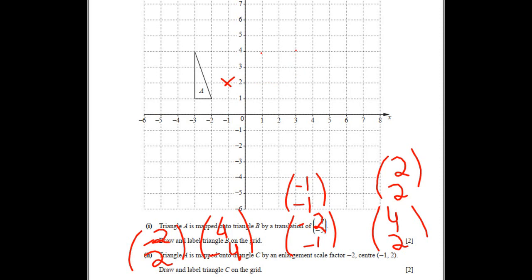And next from the center move 4 right, 4 down, so we land here. So this is the triangle C after enlargement of A with scale factor minus 2 and center minus 1 comma 2.